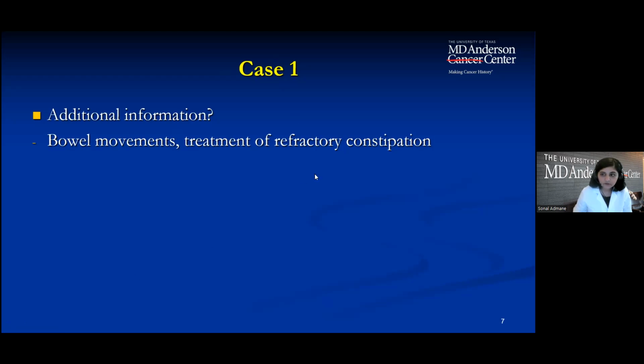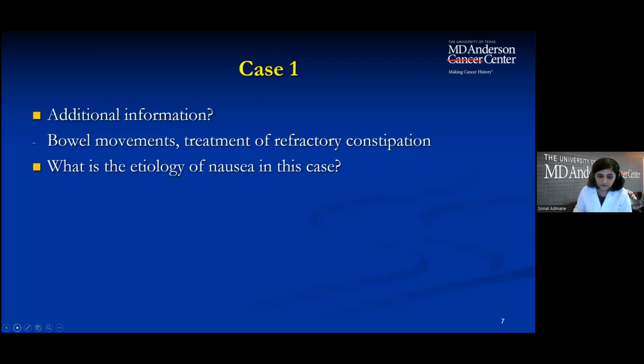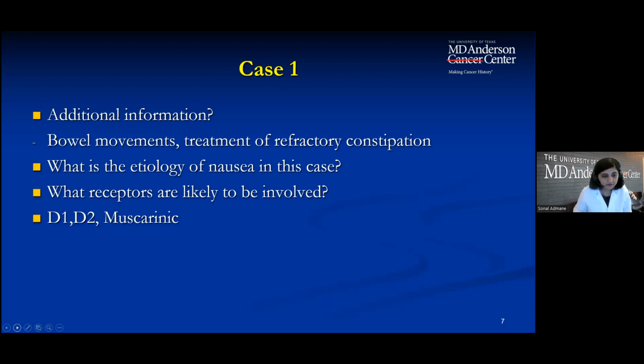Just treating the opioid-induced bowel disease can sometimes help alleviate symptoms. The etiology of nausea in this case is most likely opioid-induced bowel disease, and the receptors most likely to be involved are dopaminergic and muscarinic receptors.